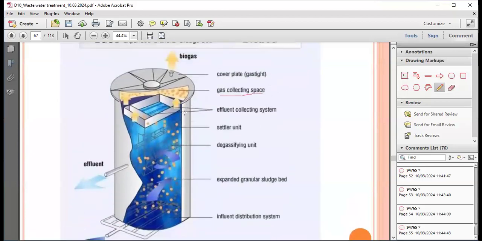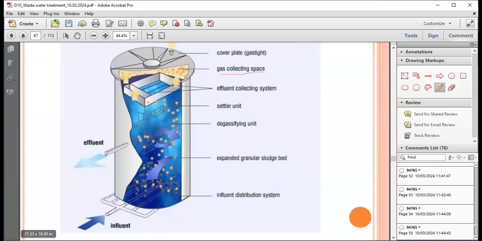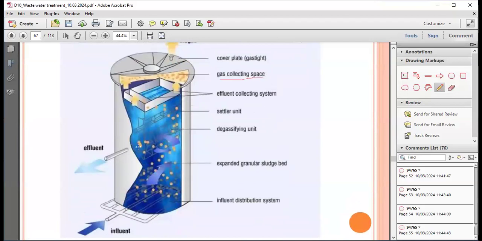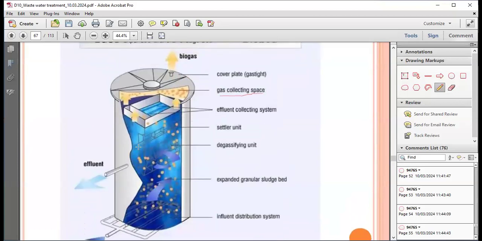It produces the biogas. Wastewater goes in, effluent is the treated one. And during the treatment of sewage, it produces the biogas also.